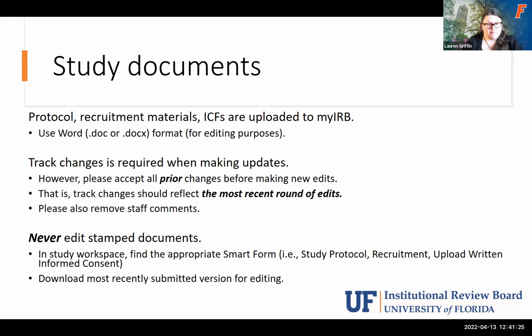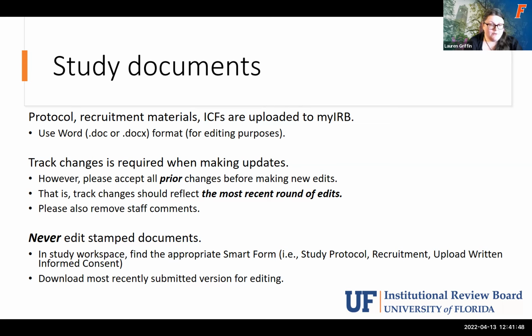We also ask that you never edit stamped documents. This is going to be your informed consent forms and your recruitment forms. The stamp that comes at the top of the document with the IRB seal, that's how we know that we've seen the document and that it's been approved. So if you edit those documents, we end up with things that we've not approved that already have that final stamp. So never edit stamped documents.